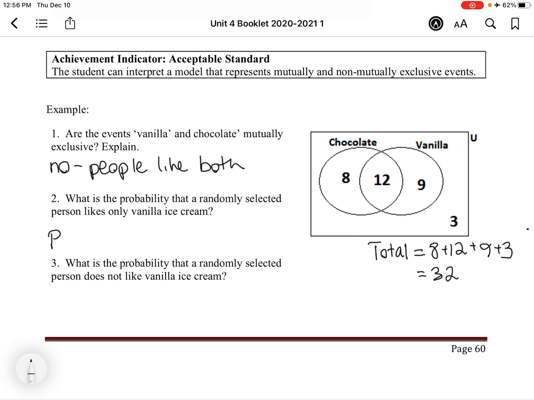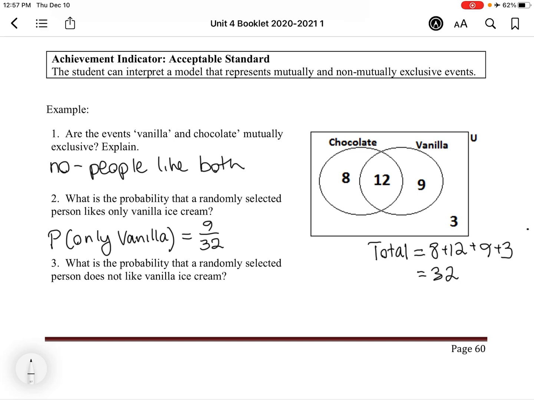So the probability of only vanilla is the section of the Venn diagram that's vanilla but not chocolate. So that's 9. So the probability of only vanilla is 9 over the total, which is 32.